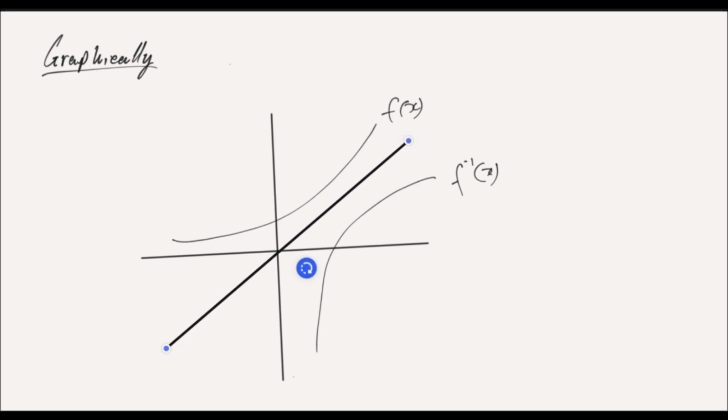By y is equal to x, this means that all the points along this line have the same value of x and the same value of y. This is what is meant by the line y is equal to x.